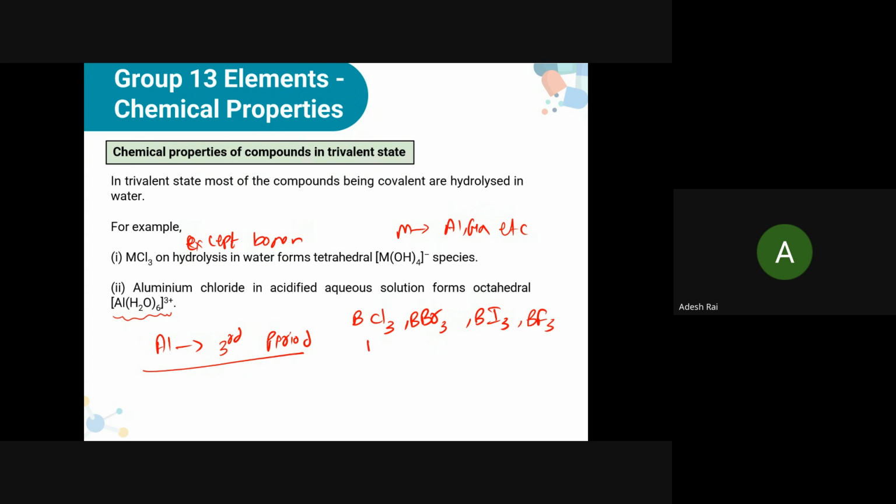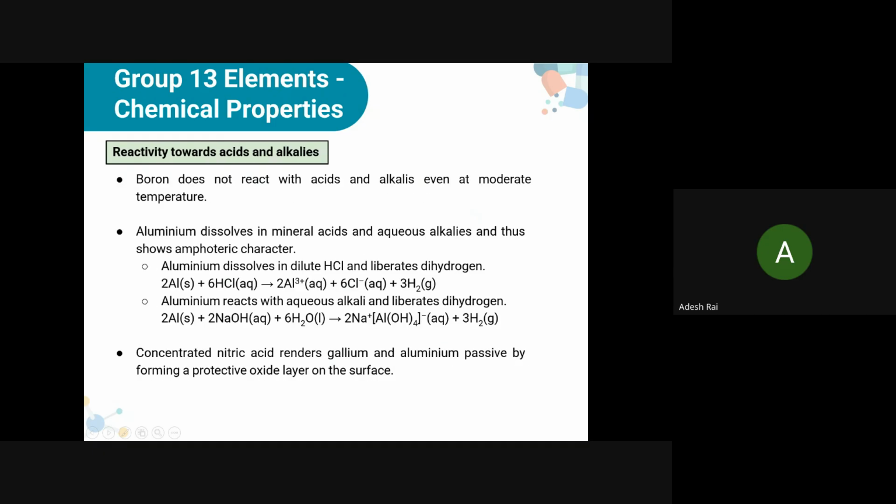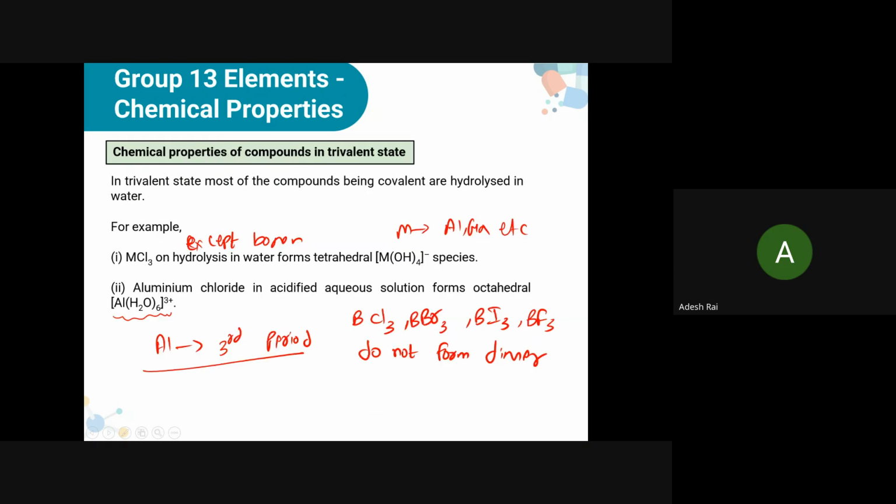But they do not form dimer. They are not going to form dimer. Is that clear to everyone? Please remember this. Aluminum can undergo dimerization, but the boron family can't undergo dimerization.